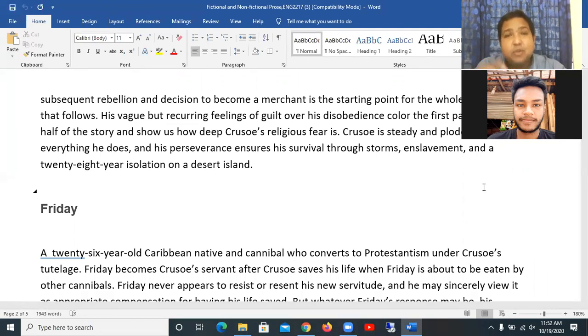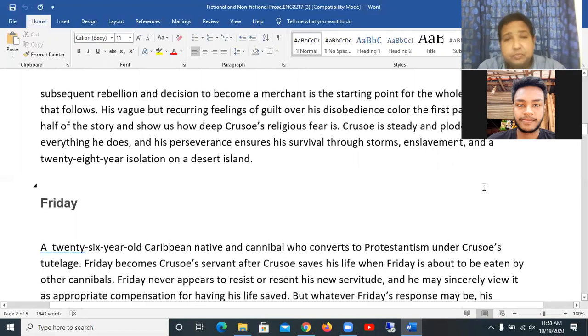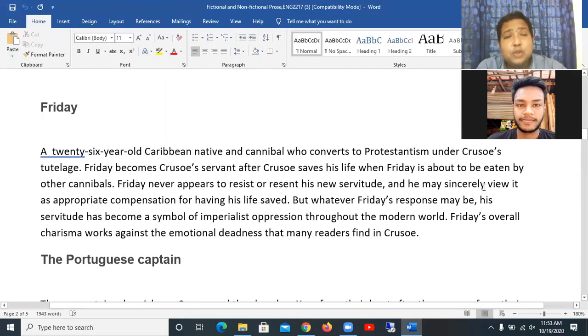So that was about our protagonist, our hero, and all the story of the novel centers or revolves around this character Robinson Crusoe. Then we have the character Friday. So Friday is a 26-year-old Caribbean native and cannibal.